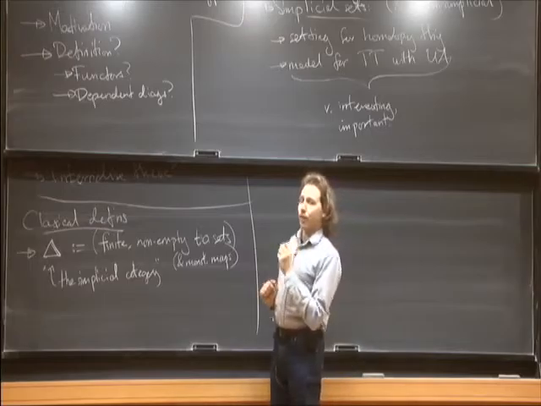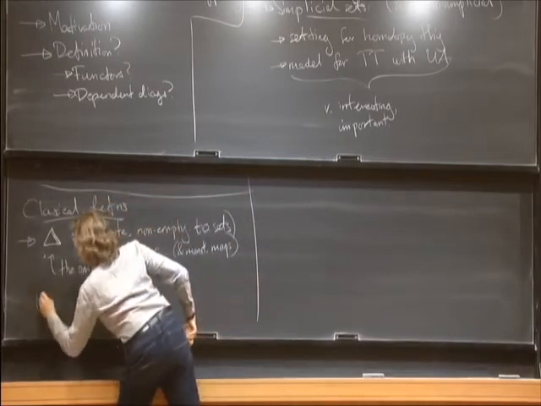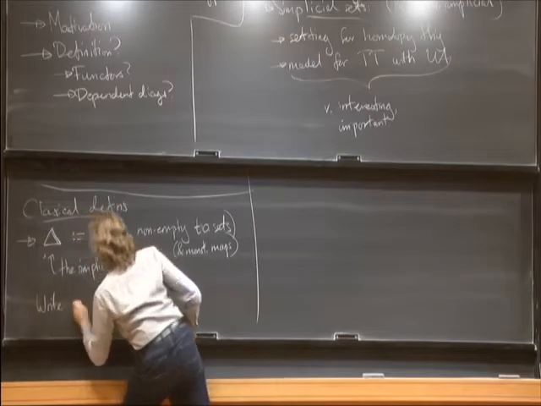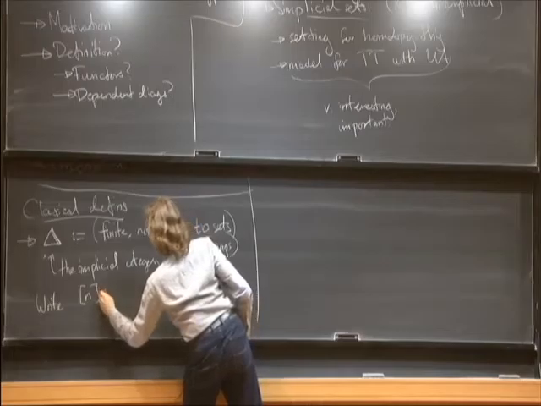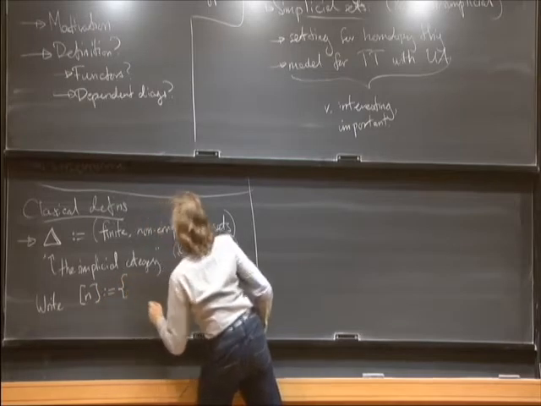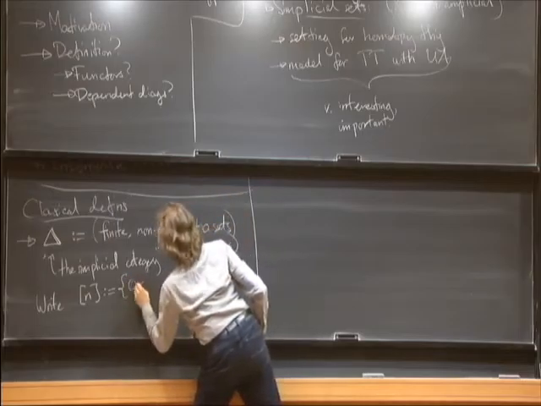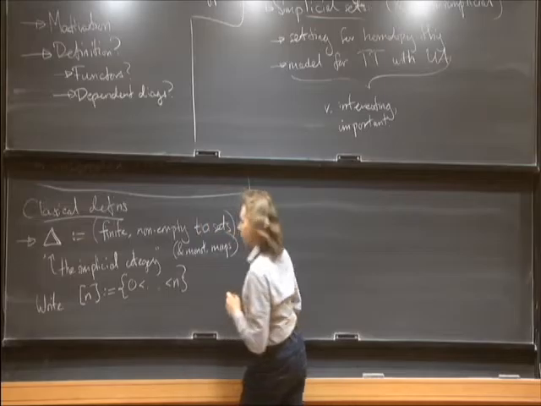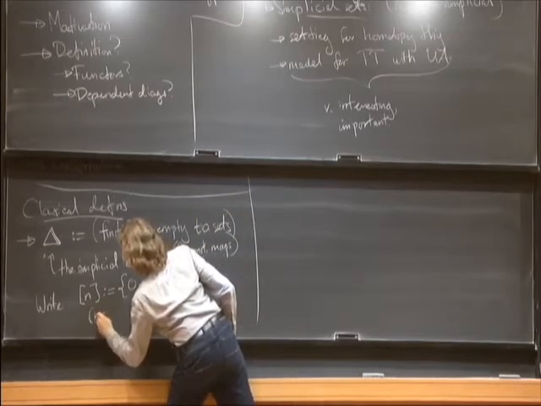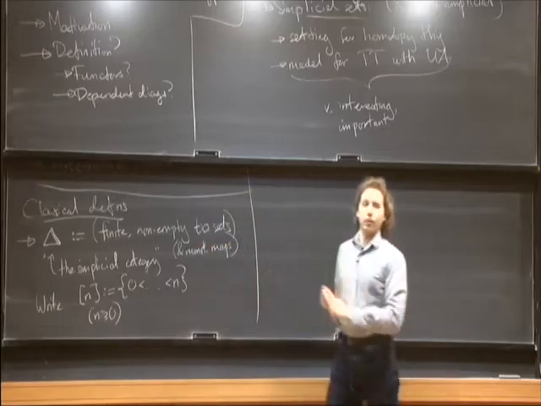Let's briefly give some notation for it as well. We write n for the finite non-empty totally ordered set that begins at 0 and goes up to n, for n any natural number.